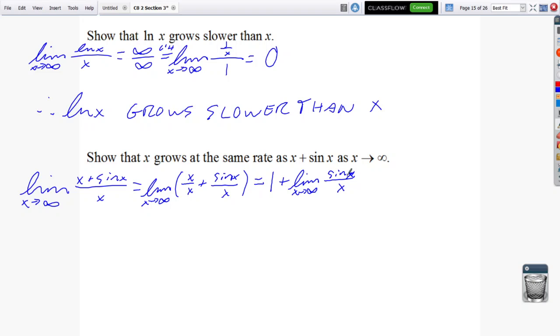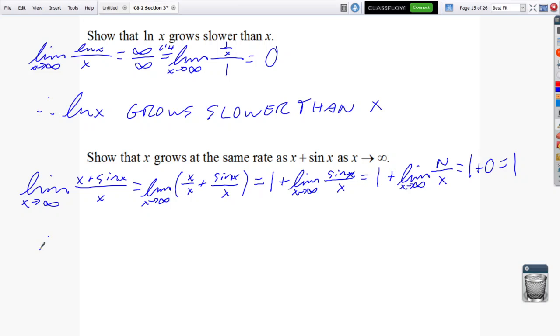Now I know that sine of x is some number, so this is 1 plus the limit as x approaches infinity of some number n over x. I plug in infinity for x, and it doesn't matter what the number is up top. It's somewhere between -1 and 1, but wherever it is in that range, I'm going to have 1 plus 0, which ends up just being 1.